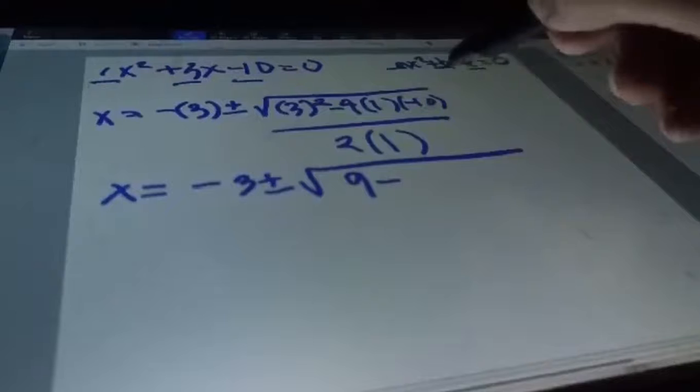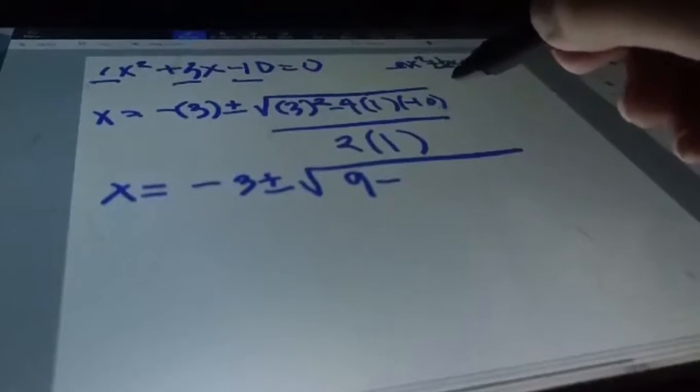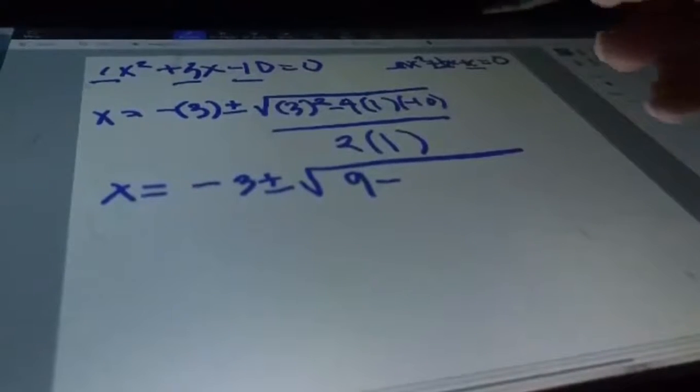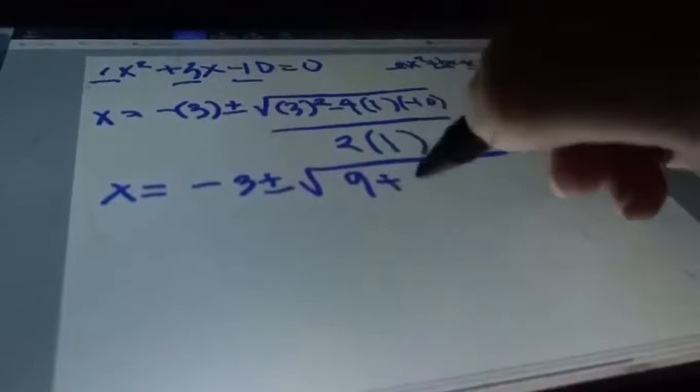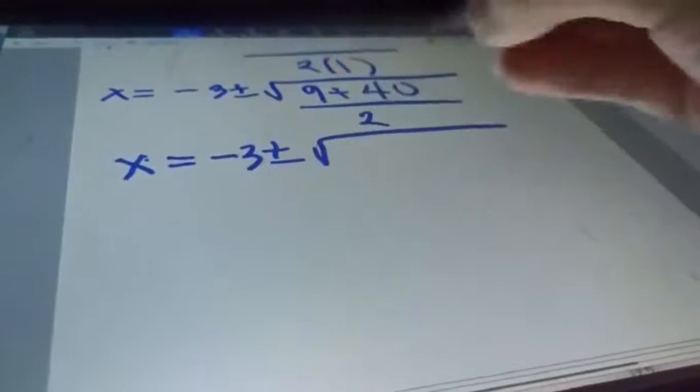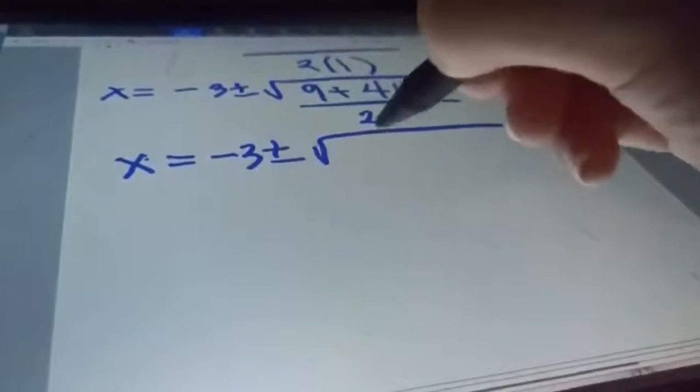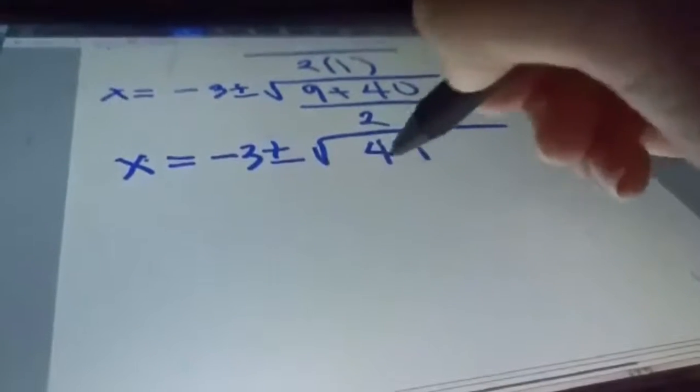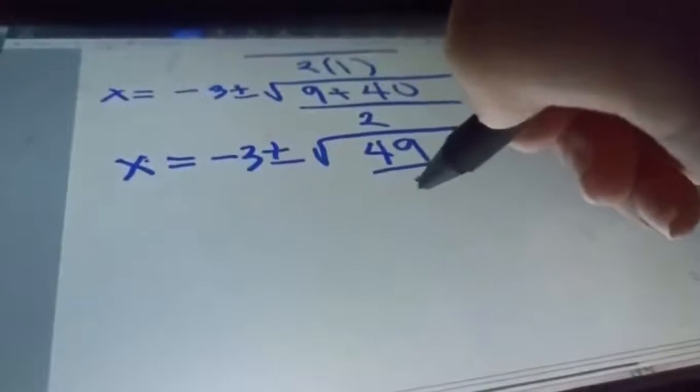Negative 4 times negative 10 is equal to positive 40, because negative times negative is positive, is equal to negative 3, positive negative, square root of 9 plus 40 is equal to 49 over 2.